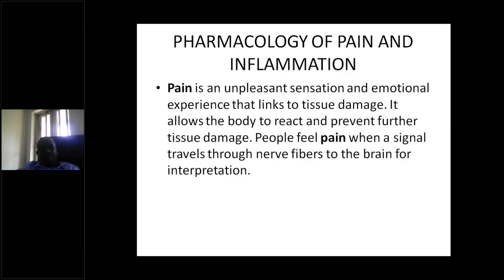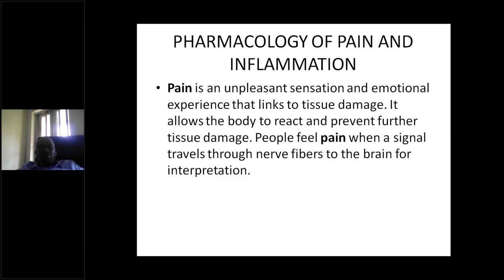So we're going to look at inflammation, from the word inflame. Pain, as we know, everybody has felt pain. Something must have caught you, something must have choked you, something must have injured you. So what is pain? Pain is an unpleasant sensation, an emotional experience that is linked to tissue damage.